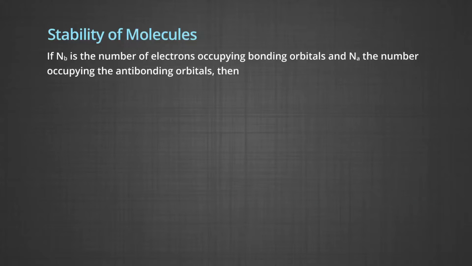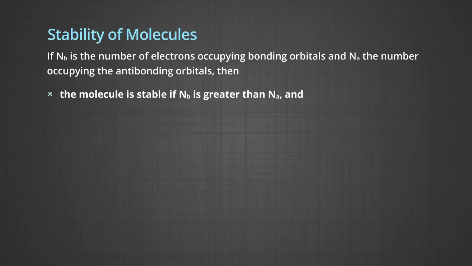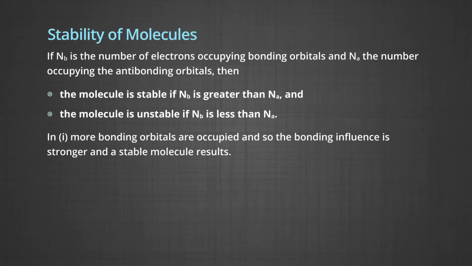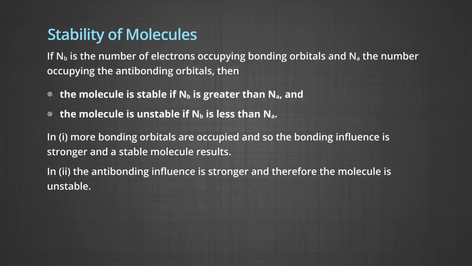If Nb is the number of electrons occupying bonding orbitals and Na the number occupying the antibonding orbitals, then the molecule is stable if Nb is greater than Na. The molecule is unstable if Nb is less than Na. The more the bonding orbitals are occupied, the stronger the bonding influence is and a stable molecule results. In the second case, the antibonding influence is stronger and therefore the molecule is unstable.